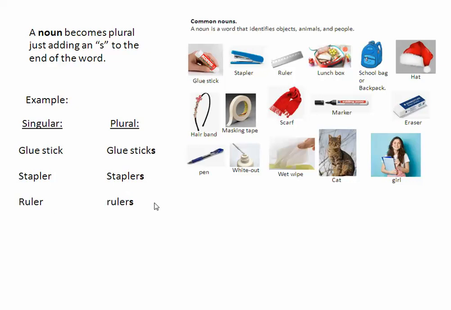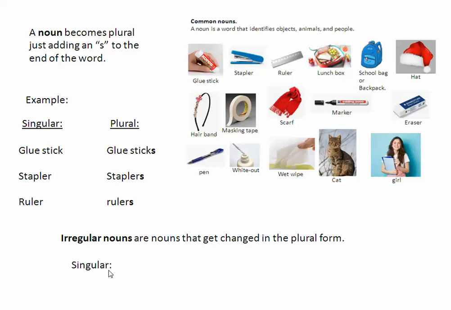These are called regular nouns, but in English we have something that is called irregular nouns. Irregular nouns are nouns that get changed in the plural form. For example, a scarf in singular, but in the plural form we have to say scarves.